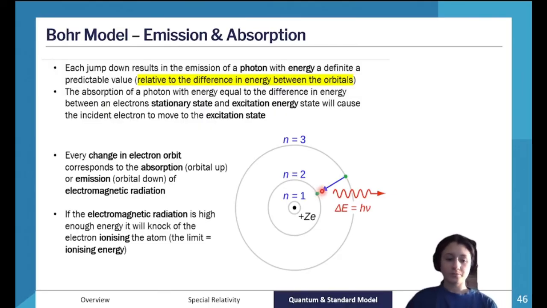Sometimes it will absorb energy, say from a photon, and it will jump up an orbital state. So the energy that it absorbs will be directly equal to how much it jumps up in the orbitals, right?